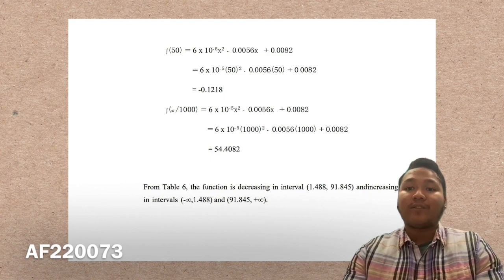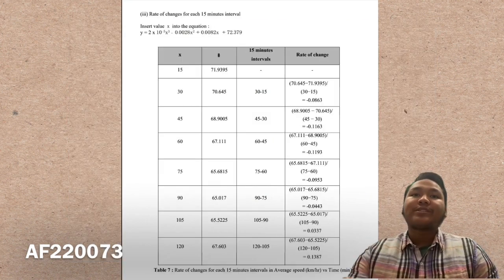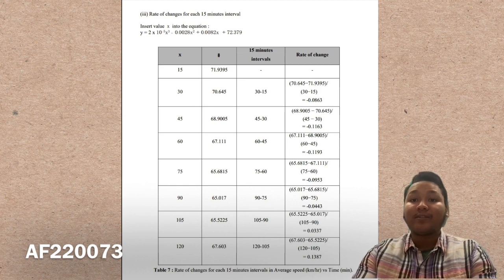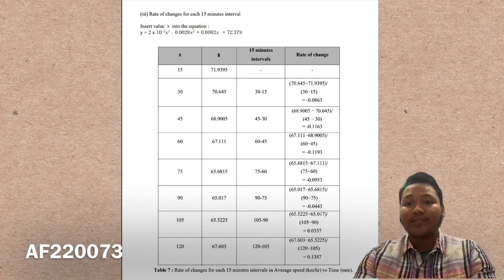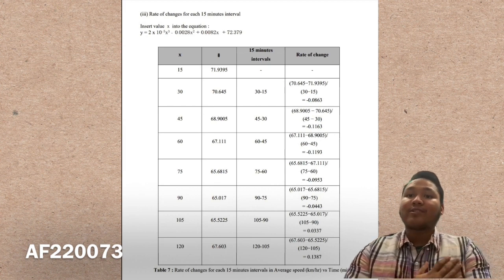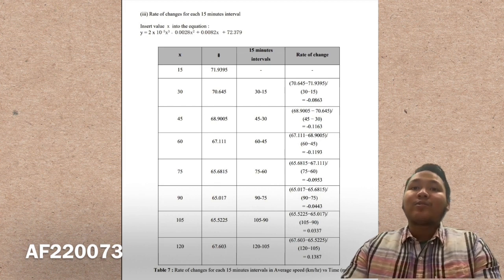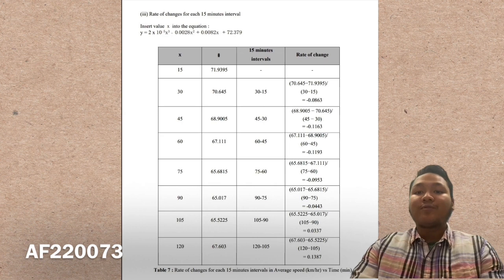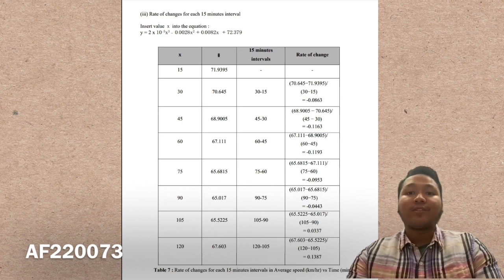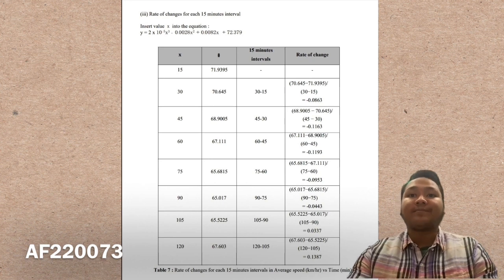Assuming question number 3 is the rate of change for each 15 minute interval, insert the value of x into the equation, where the function equals y, which is the equation from graph 2. So a 15 minute interval means x equals 15, x equals 30, x equals 45, and so on, plus 15 each time.